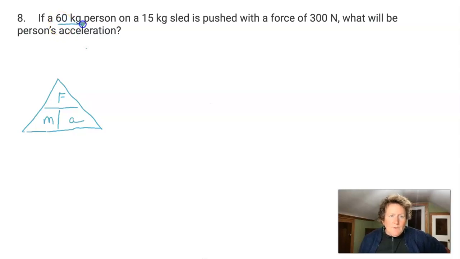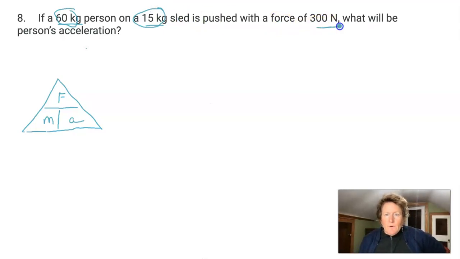Number 8's a little confusing because they give you two masses. But if you think about it, if you've ever been sledding or you've ever been on a bike, when they're moving, a bike and a rider, or a sled and the slider, act together. So you add these two masses together and use the sum of those two masses in the problem.